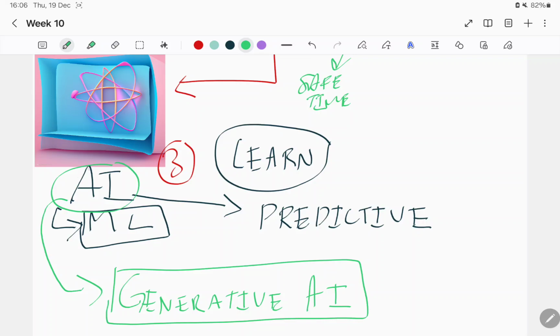But the big picture of the AI is it can learn by itself, it can make decisions and give you valuable input. Both are the same, but generative AI is more on prompting you some ideas, or not ideas, some inputs that you want them to provide you with.